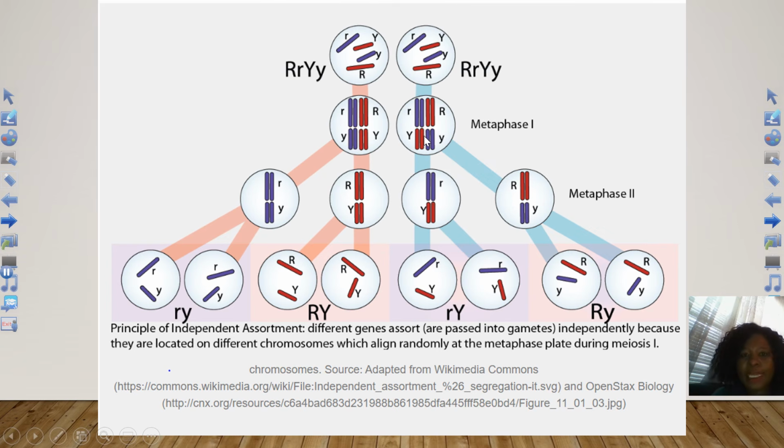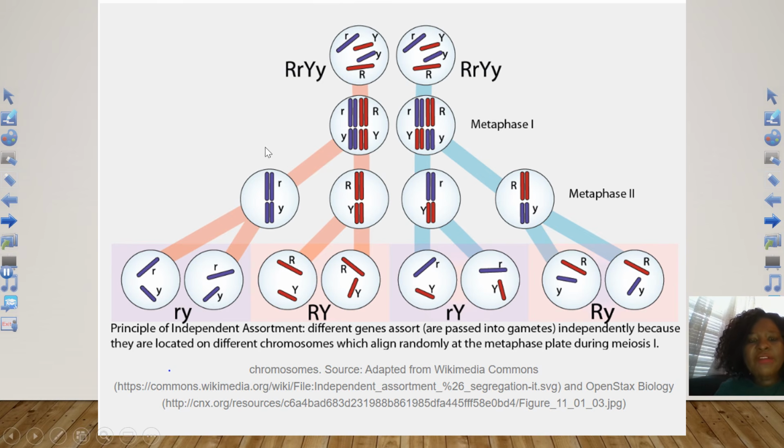That is what we are saying with the random arrangement of chromosomes at the equator during metaphase 1. And we have mentioned before that this random arrangement is what brings about variation in the gametes that are produced during meiosis, which also then leads to variation in the offspring.